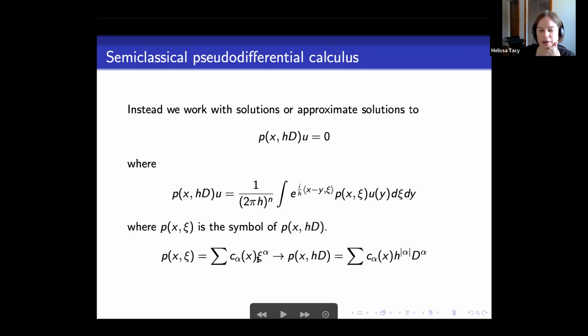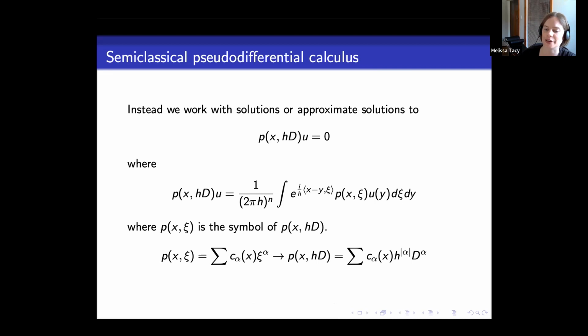So if I had my differential operator, then multiplication by xi to the alpha transforms into my original operator. And I have these factors of h throughout. You want to build them into the operator, and h will be a scale parameter.